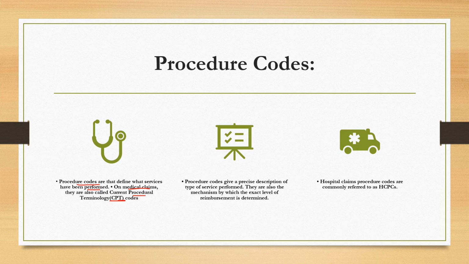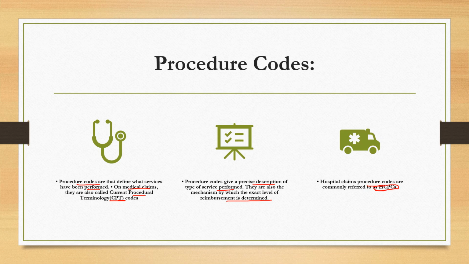Procedure codes give a precise description, and this is very important for claims. They describe the type of service performed, and they are also the mechanism by which the exact level of reimbursement is determined. Hospital claim procedure codes are called HCPC.